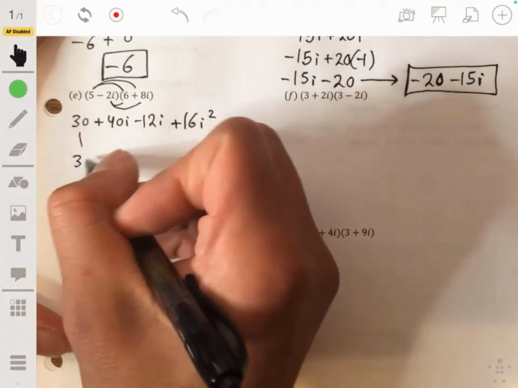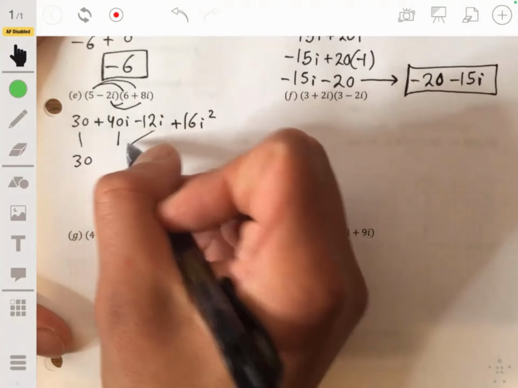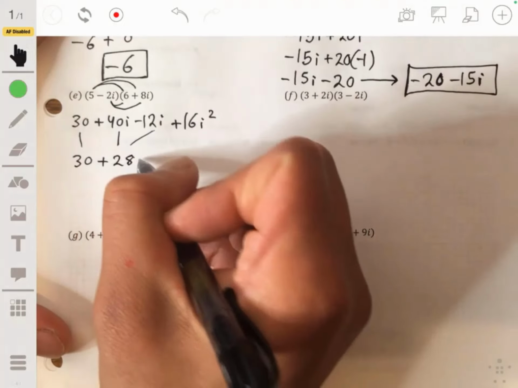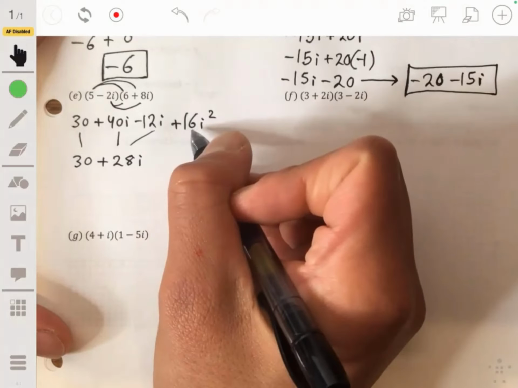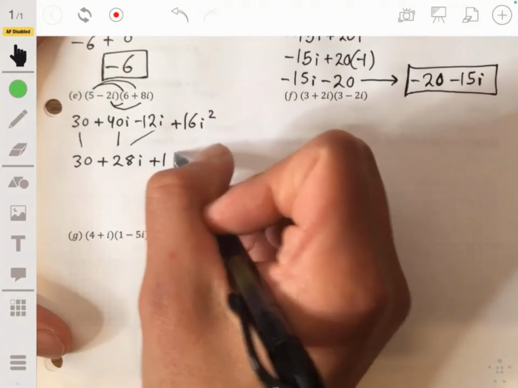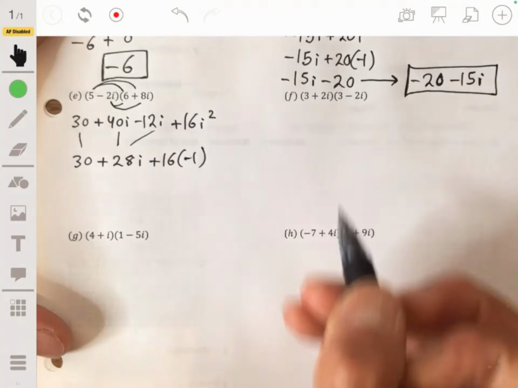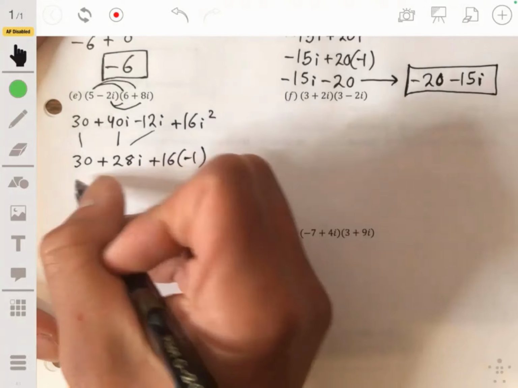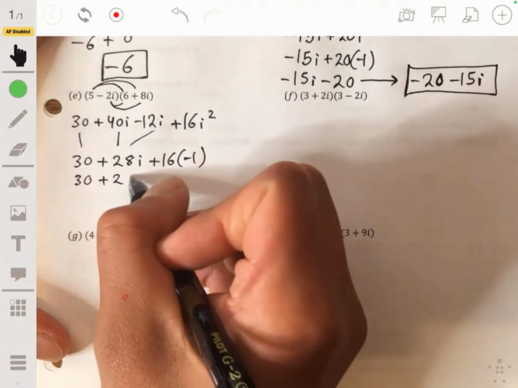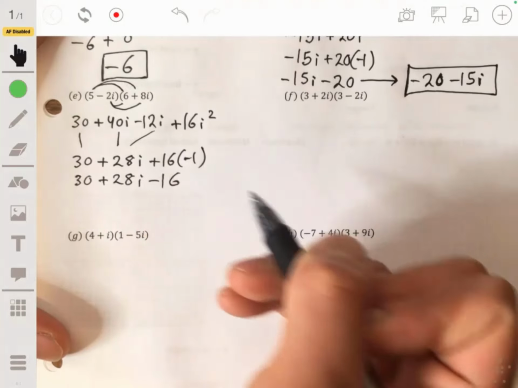Drop in 30, 40i minus 12i, so plus 28i. 16i squared, that's 16 times negative 1.